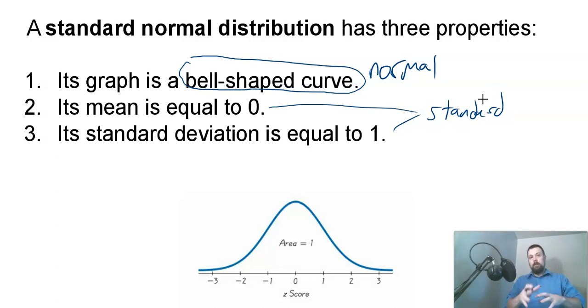But converting them to z-scores does. So you can take any data set that has a normal distribution, convert it to z-scores to make it a standard normal distribution, because z-scores will exhibit all 3 of these properties.